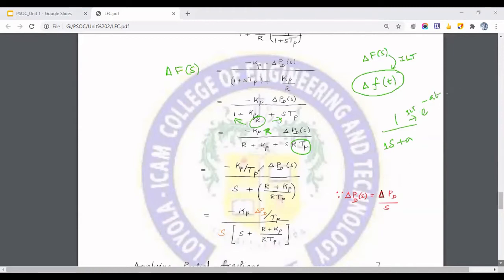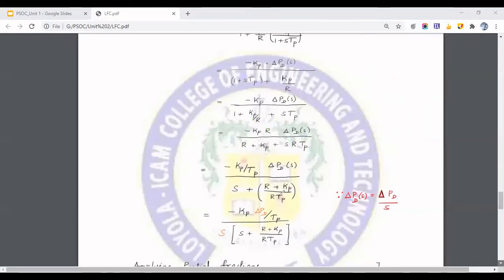So let me remove the coefficient of s. Let me take RTP in common outside all along the terms of the denominator. RTP goes out here, and here you have R by TP. That's the expression you can see here.